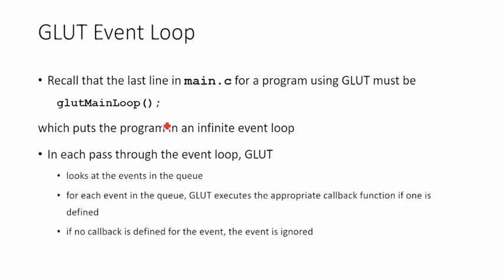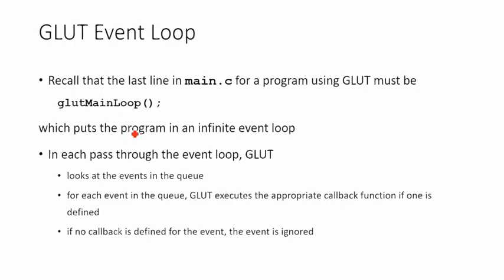Now in every loop, your program looks into the event queue. Whenever an event occurs, it will capture the message and put it in the event queue. And if GLUT finds an event registered in the event queue, GLUT will execute the appropriate callback function, if it is registered in main using these functions, right?